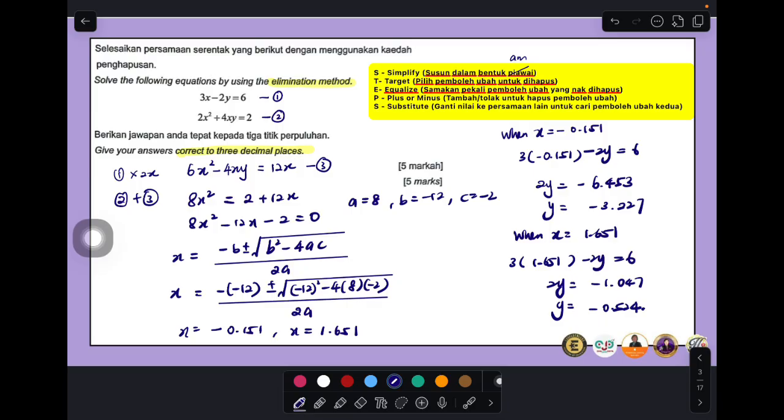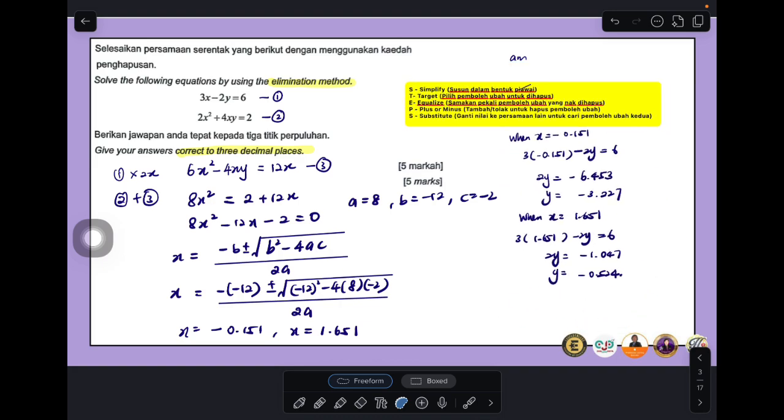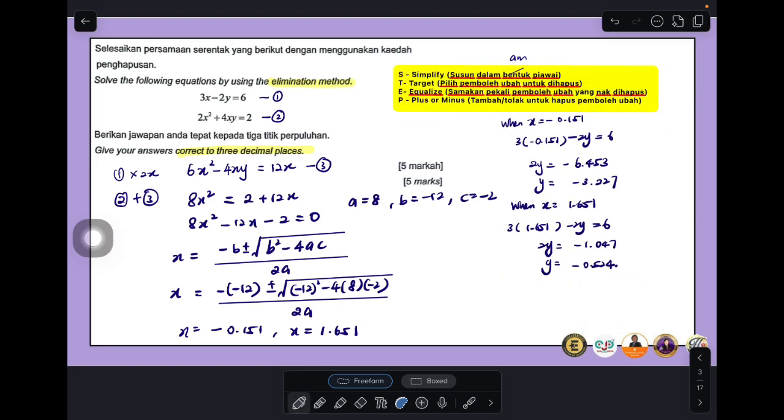All right, so we get X and Y. So done, that's all. But make sure you have the X and Y to be accurate, so you have to write down. So therefore, X equal to negative 0.151, Y equal to negative 3.227.